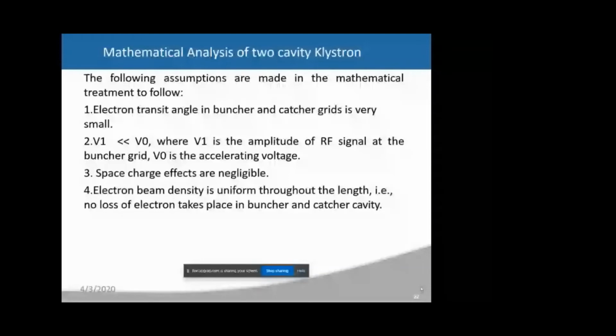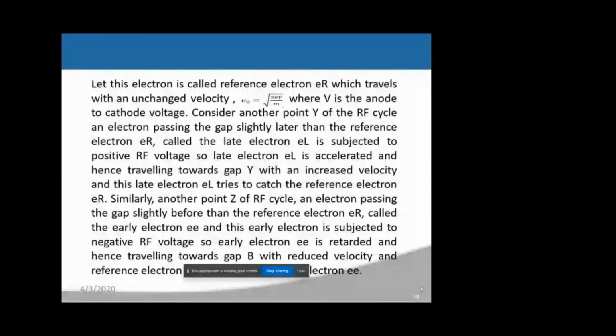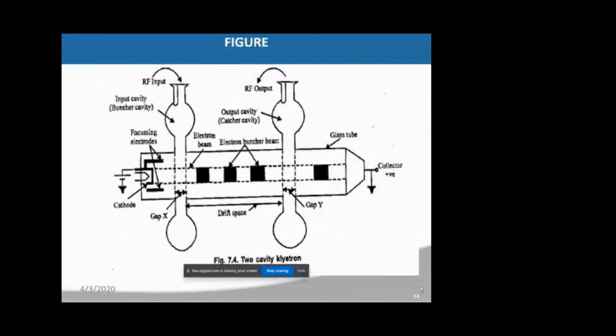Just keep in mind one concept. You have all drawn this diagram, and this is what we are going to explain here. That is the very important thing to see here.